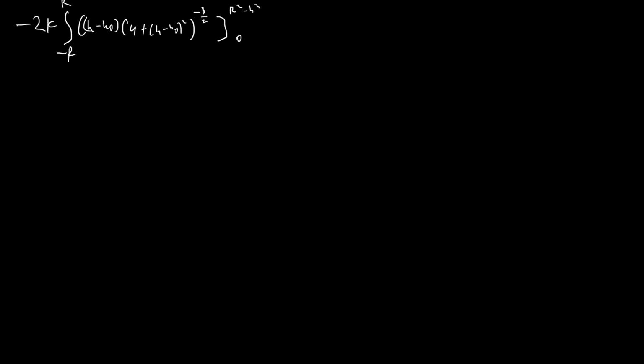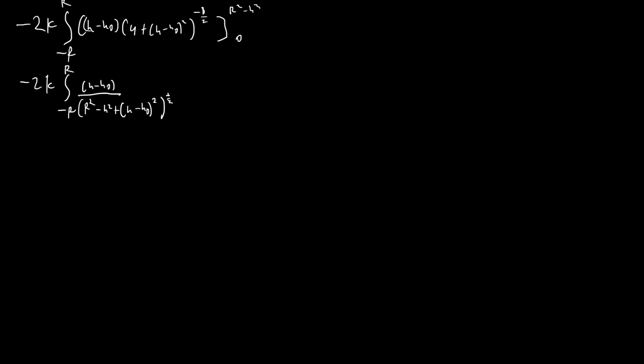Alright, so if we plug in both of these bounds here, we're going to end up with negative 2k integral from negative r to r of h minus h0 over, okay, so r squared minus h squared, we're going to end up with r squared minus h squared plus h minus h0 squared to the 1/2.